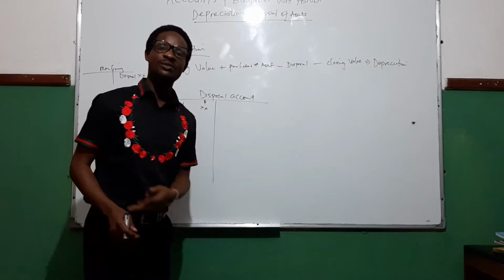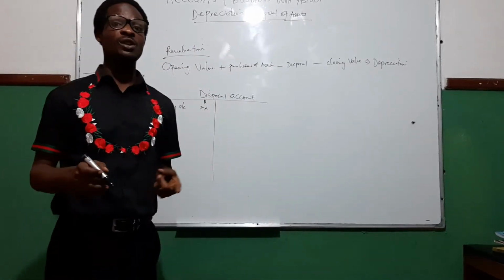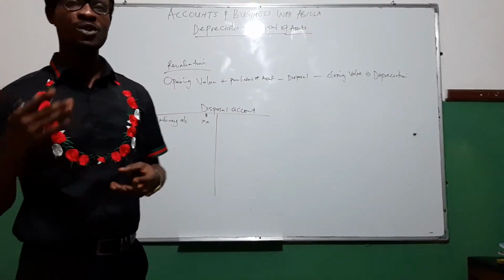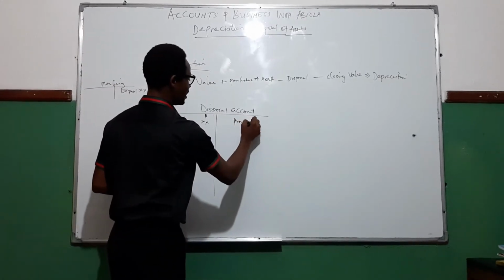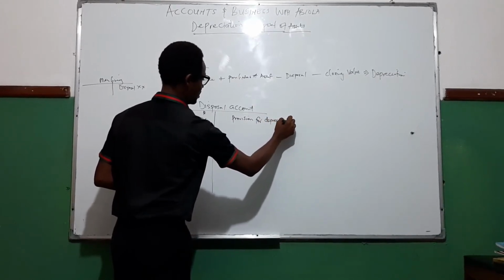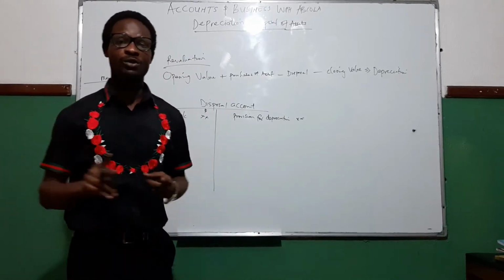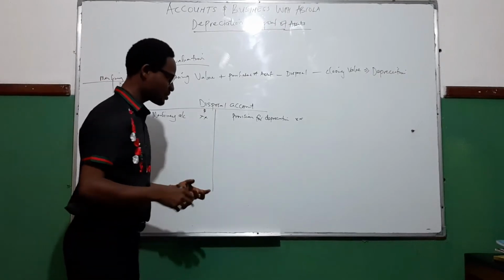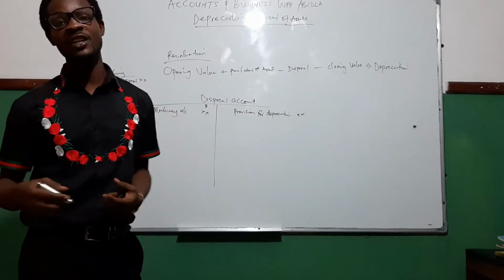Now, in the credit side of disposal account, the aggregate depreciation will be shown. That's the total value altogether that you have used on the asset. So provision for depreciation account will be credited. That's the aggregate depreciation that has been used all together on the assets. Then in the credit side again will be the amount the asset was sold for or exchanged for.